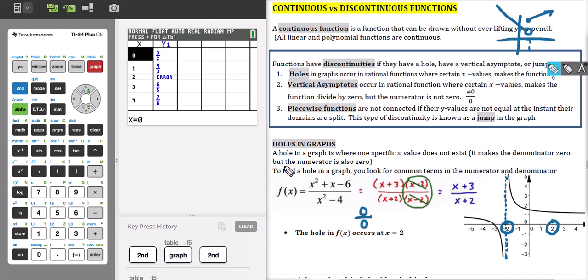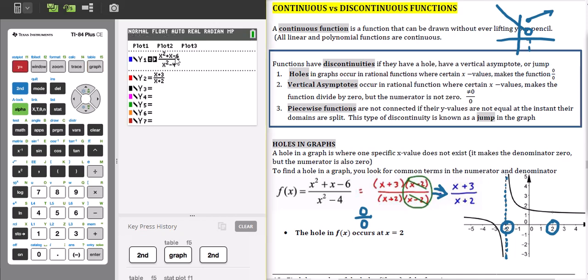Now technically, this function here doesn't really equal this function here, so you should use something like an arrow, because this doesn't technically equal that. When you take a look at the graph, they will look like they're the same thing. This function here is discontinuous in 2 places, at x equals -2 and +2.